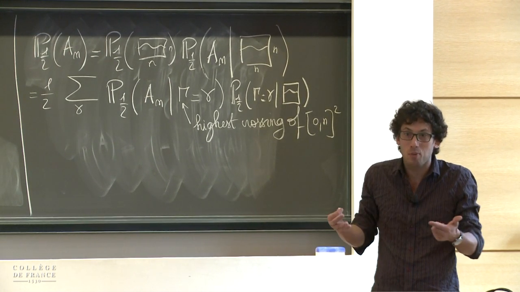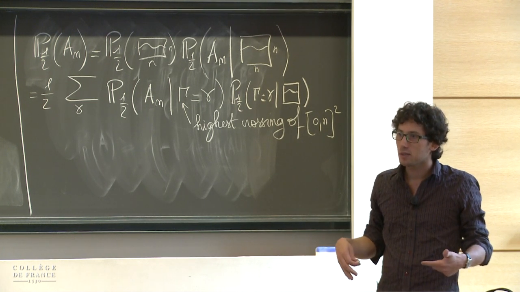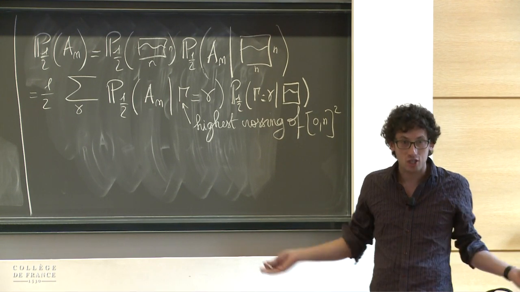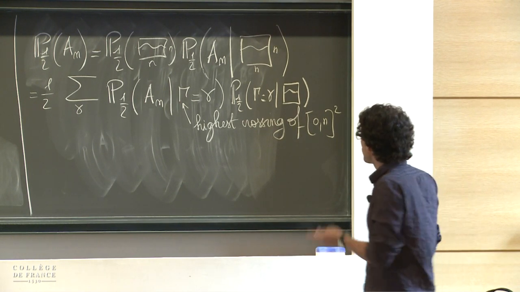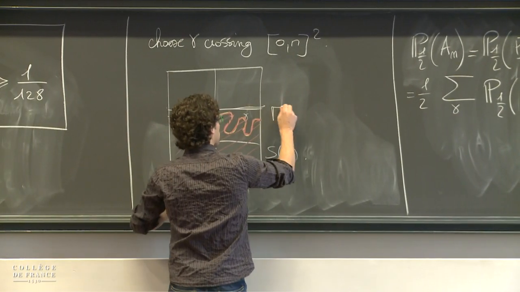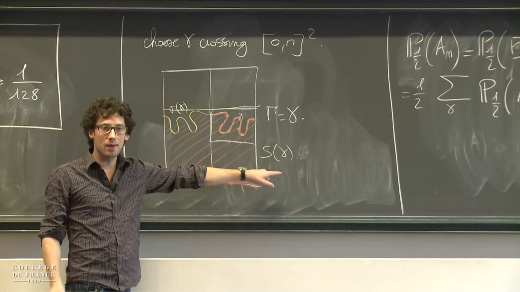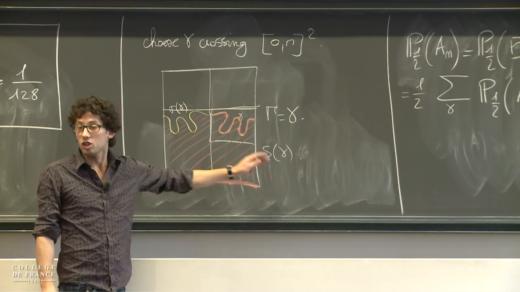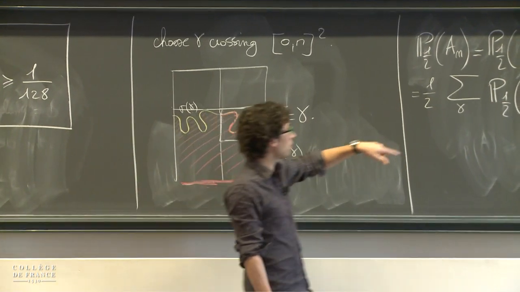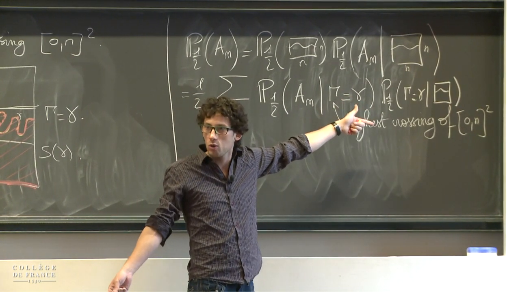I mean, it's measurable with respect to these edges. So anything below this path is absolutely undiscovered. I have no information on it. So that means in particular that conditioned on capital Gamma equal small gamma, the percolation in S of gamma is just standard Bernoulli percolation. So the probability of A_n knowing this is just larger or equal to 1/4.